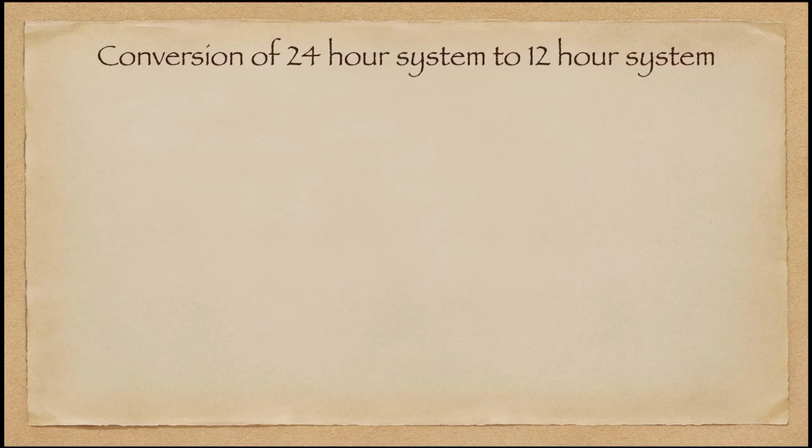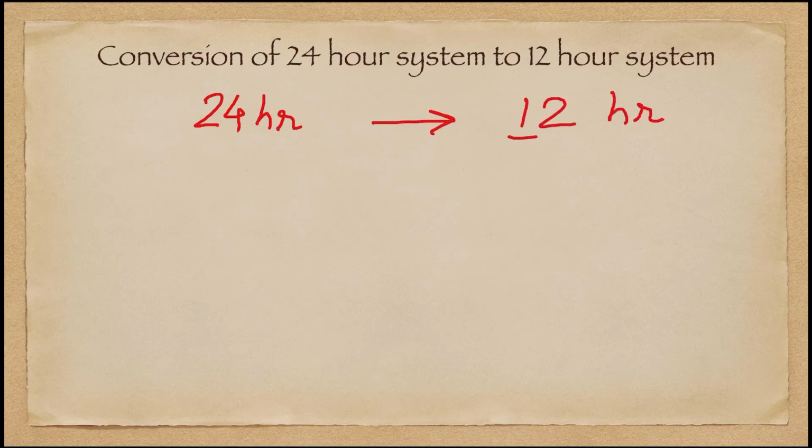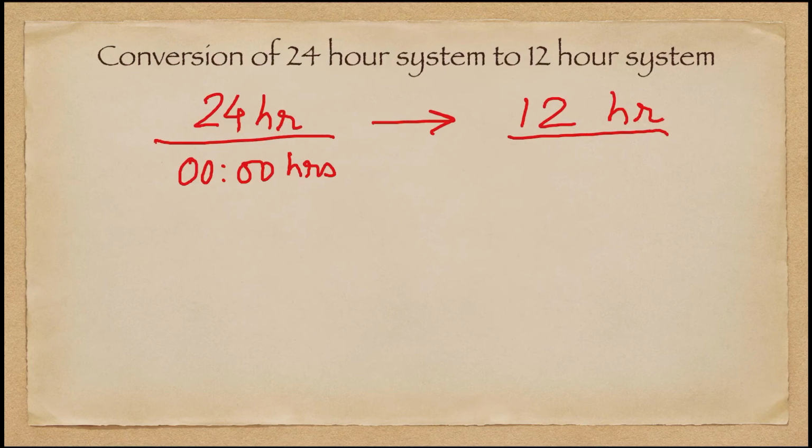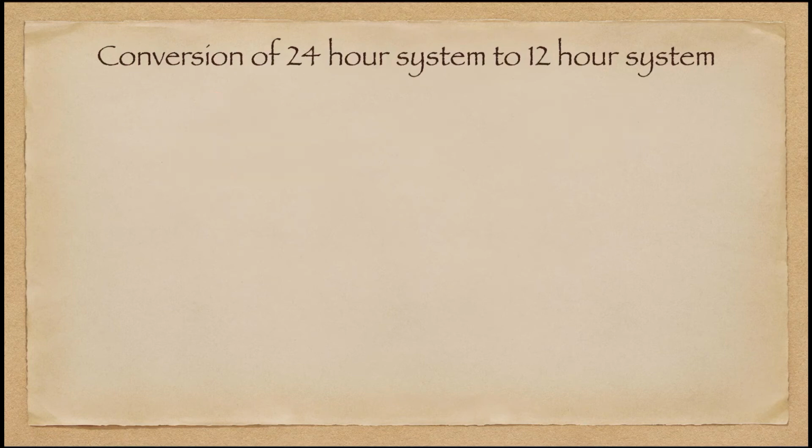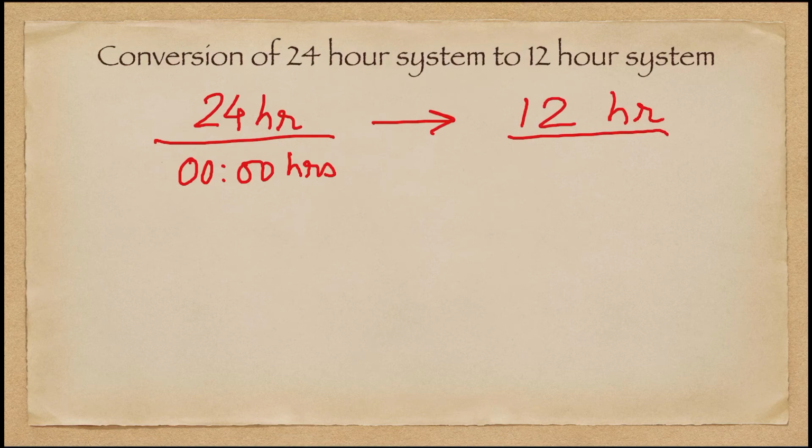Now the vice versa, from 24-hour system to 12-hour system. As we have told you, it starts with 00 hours. So it will start from 12 midnight. So 12 midnight will be 12 AM.